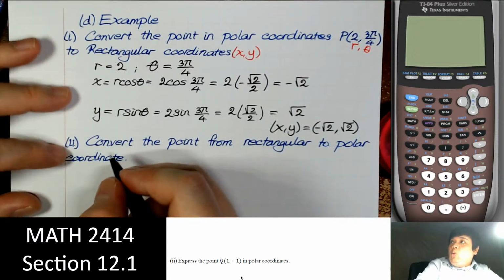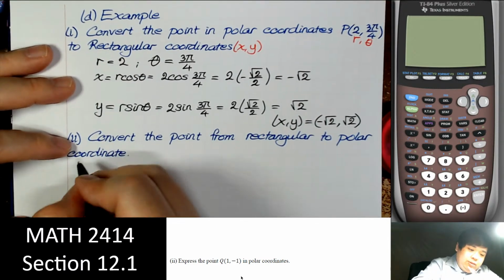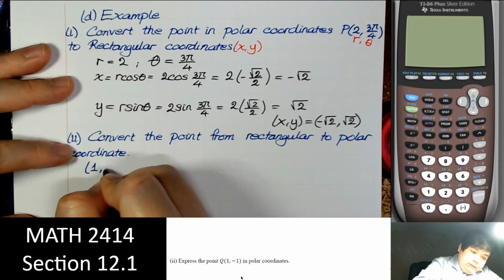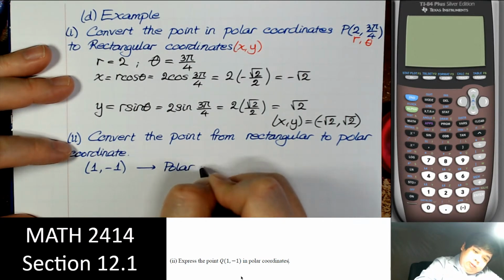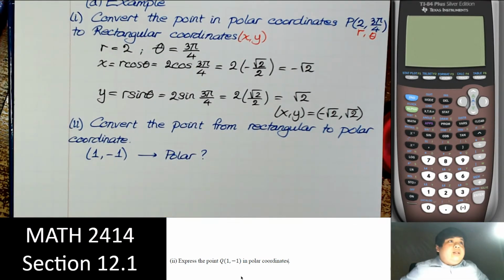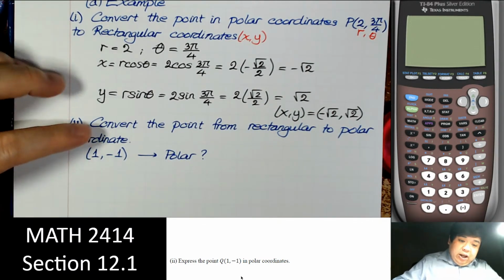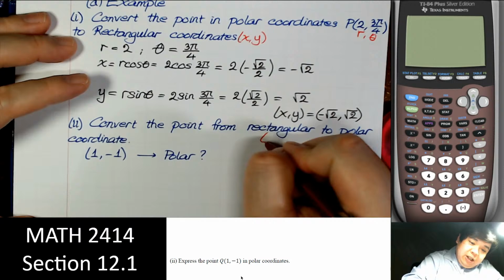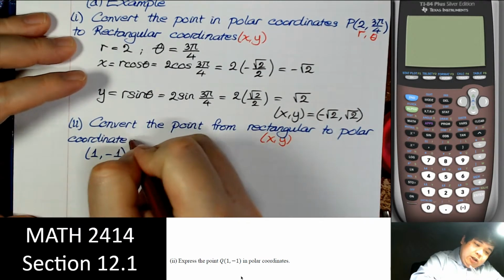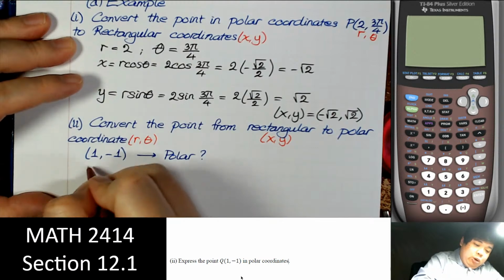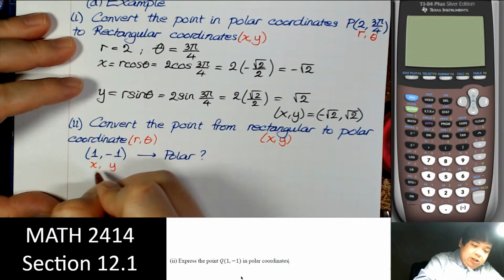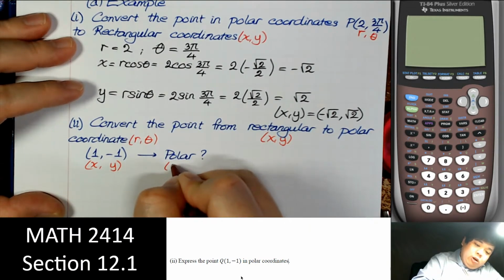And here we have the point 1, negative 1. In rectangular, it's going to be x and y. Polar is going to be r and theta. So originally we are given x and y, and to go to polar, r and theta.